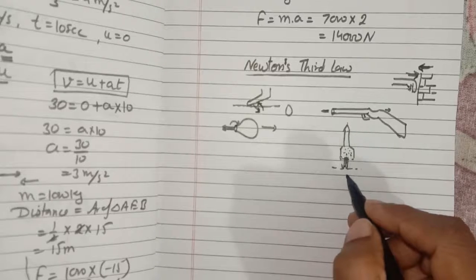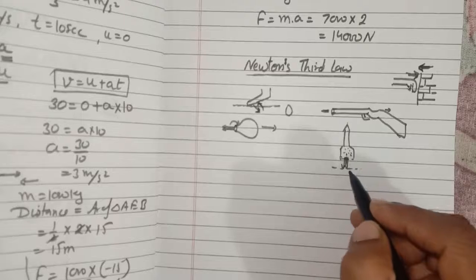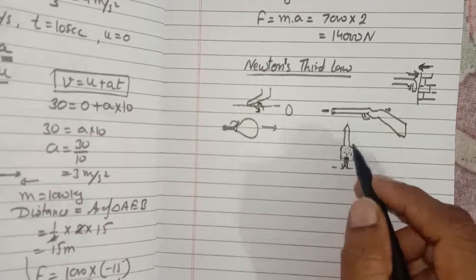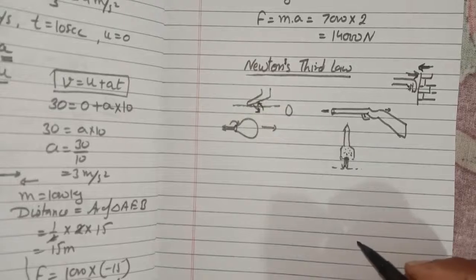So by this reaction force exerted by the ground, the rocket moves in the forward direction. So this simple question can be asked in assertion-reason. This question can be there in paragraph-based questions. So these are some examples.